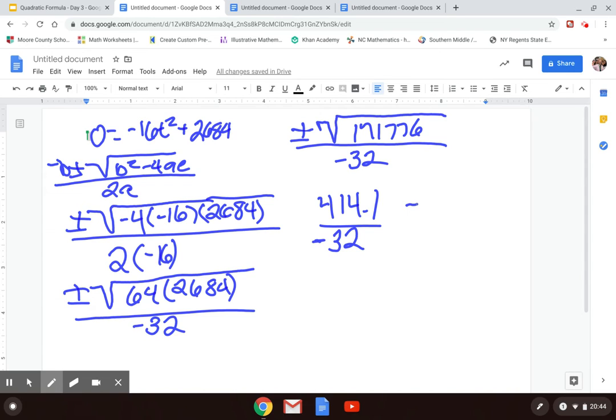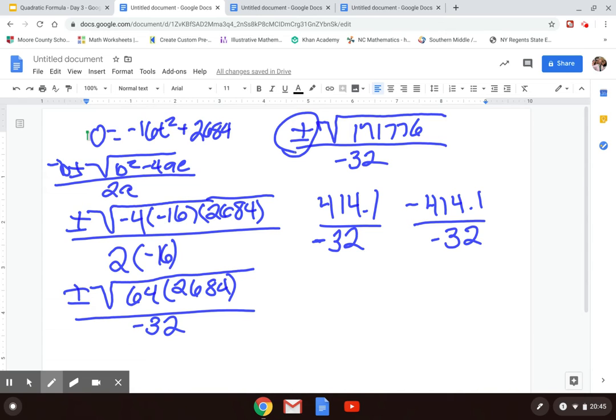Then I also have a negative 414 and 1/10 divided by a negative 32. Okay? Because remember, I said my square root is plus or minus. So it's going to be positive and negative.